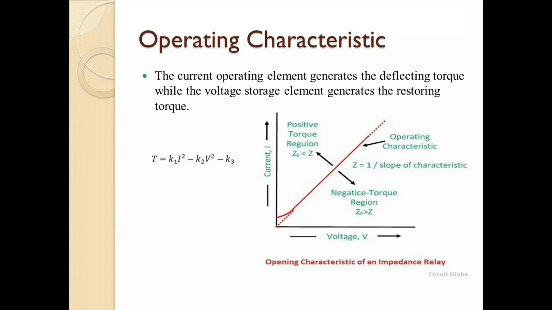So that operating region is called the positive torque region. And when your ZF, the fault impedance, is greater than this Z, that is called the negative torque region. So this is your characteristic.